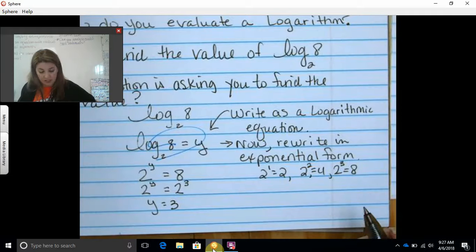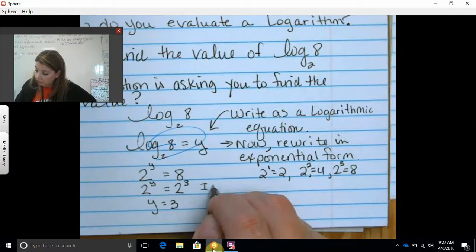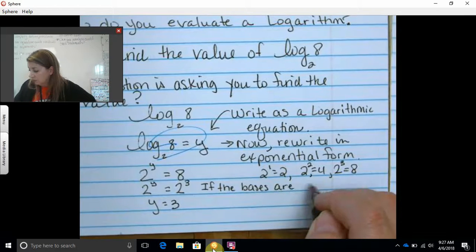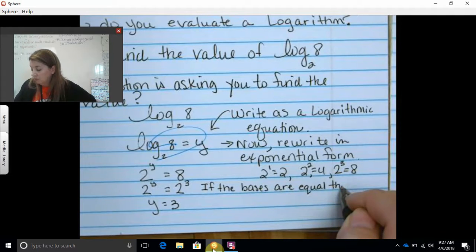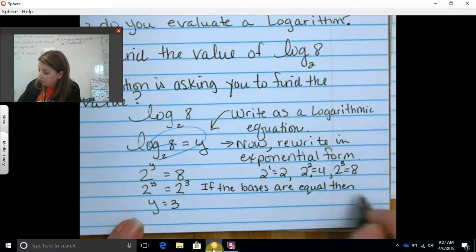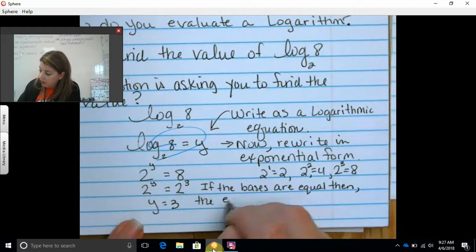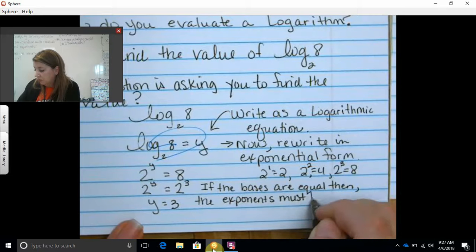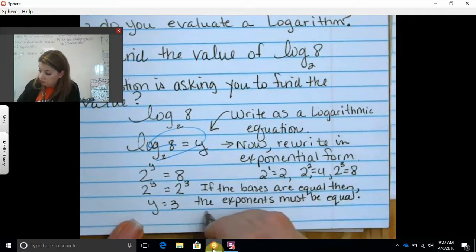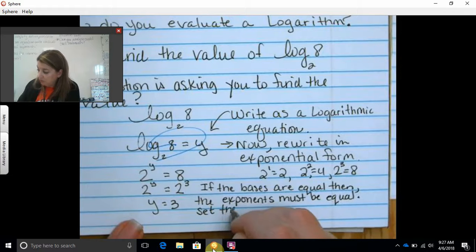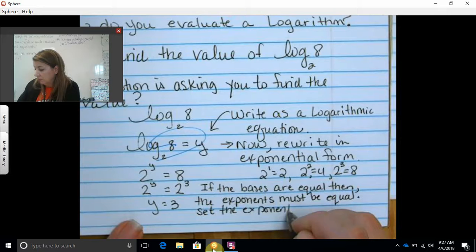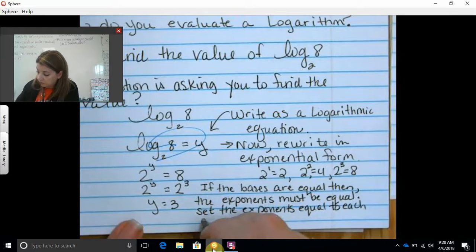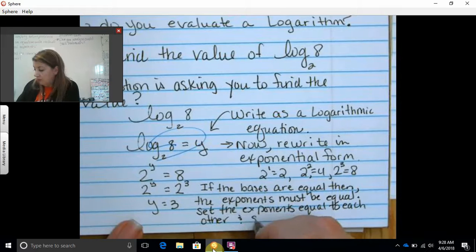Now you have found what that exponent is equal to.